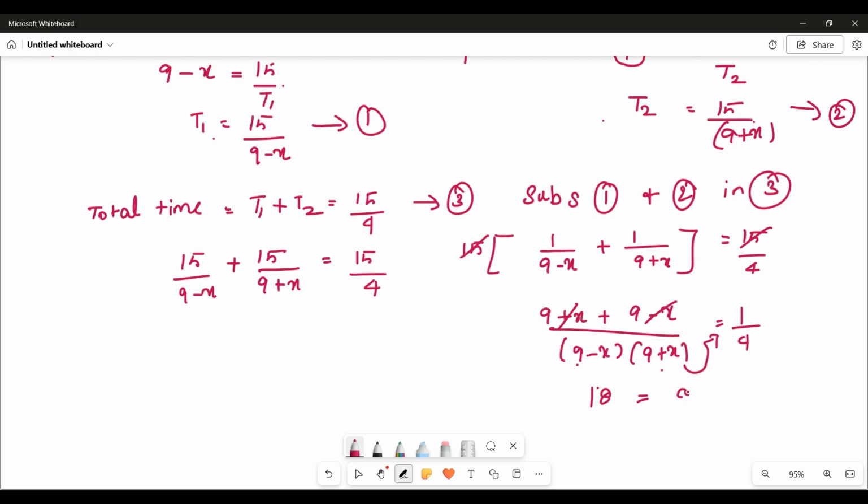This becomes 9 squared minus x squared, and the 4 I'm taking to the other side, multiplying it by 4 here. So 18 times 4 is 72, and 72 is equal to 9 squared minus x squared.